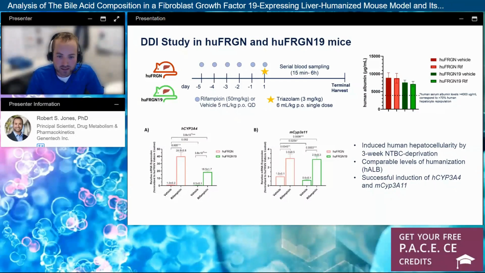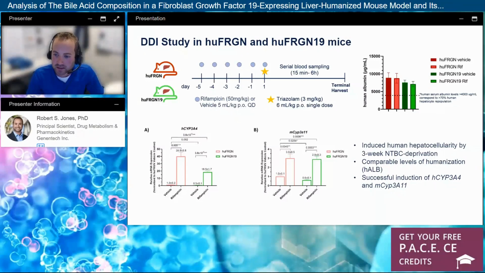We showed that human CYP3A4 in both groups of mice increased in terms of its gene expression after rifampicin treatment. In addition, the murine CYP3A11, the CYP3A4 ortholog in the remaining murine hepatocytes, also showed an increase in expression, approximately threefold in the murine hepatocytes.